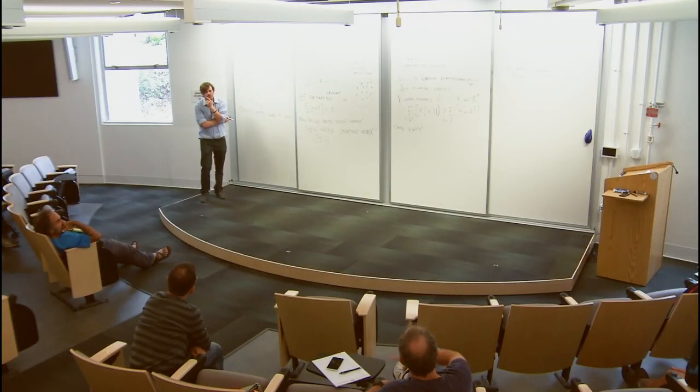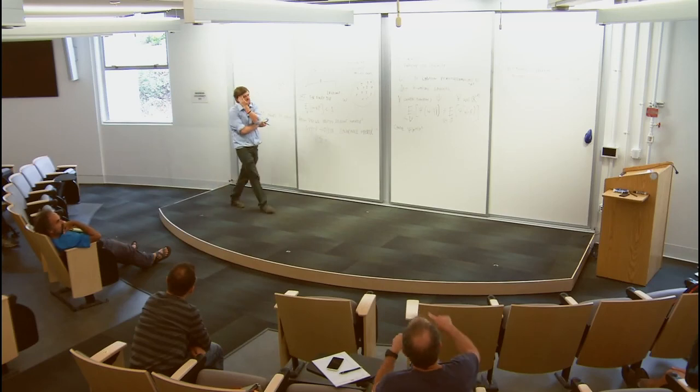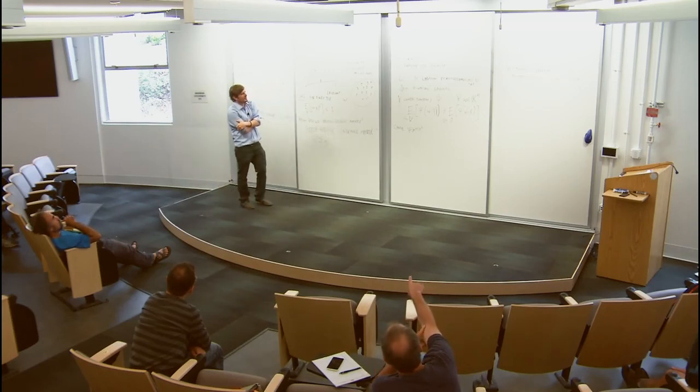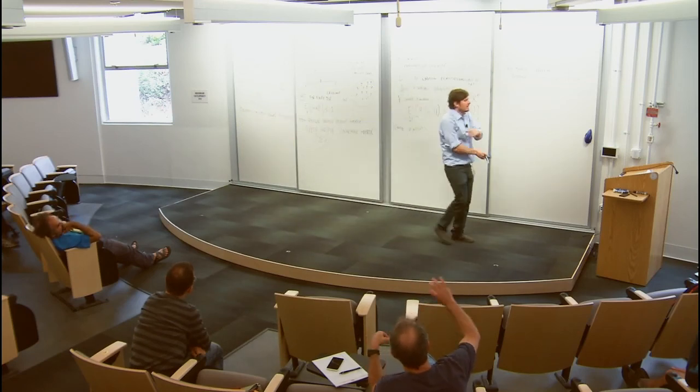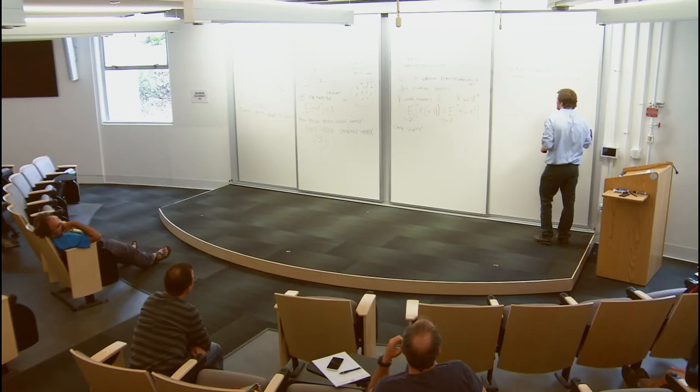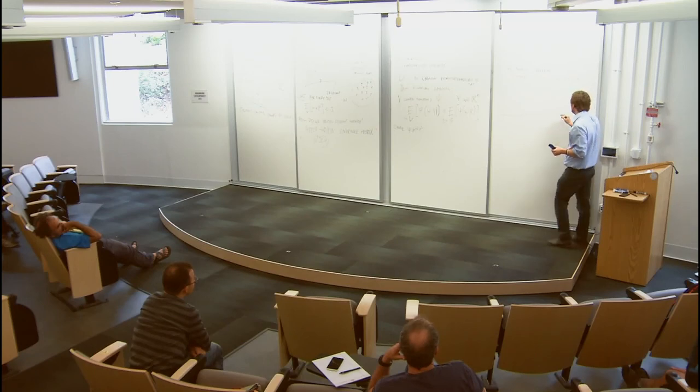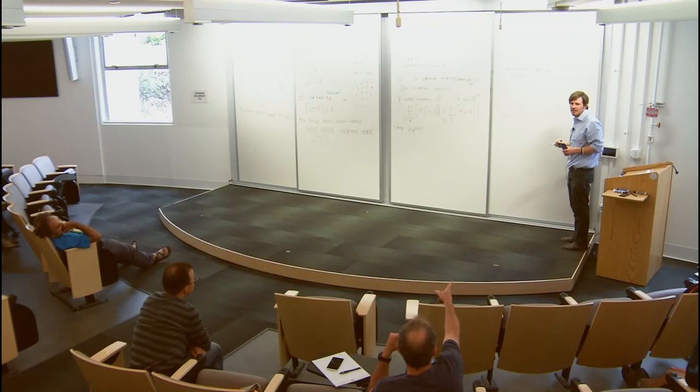Let's just take the line, the real line. The Gaussian has variance 1 on the line, and now I want to look at the Gaussian restricted to some interval on the line. Well, it was around the origin.